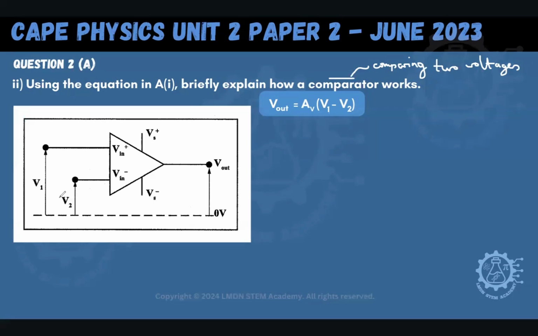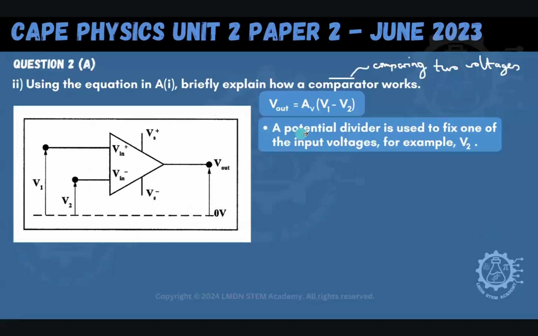Now that we have that out of the way, here's how we explain how the comparator works. There's a potential divider that is used to fix one of the input voltages.